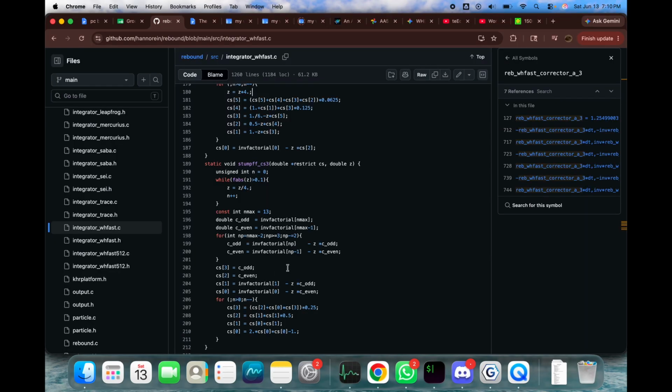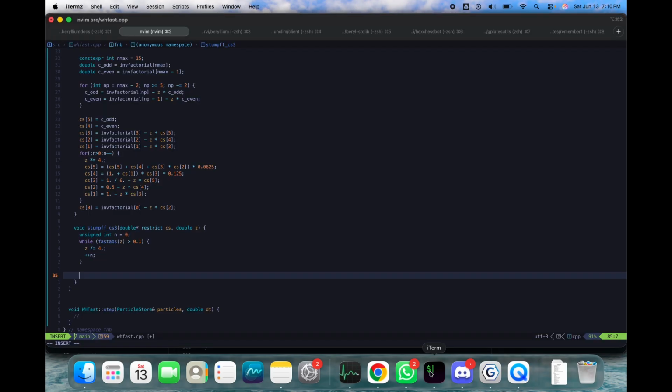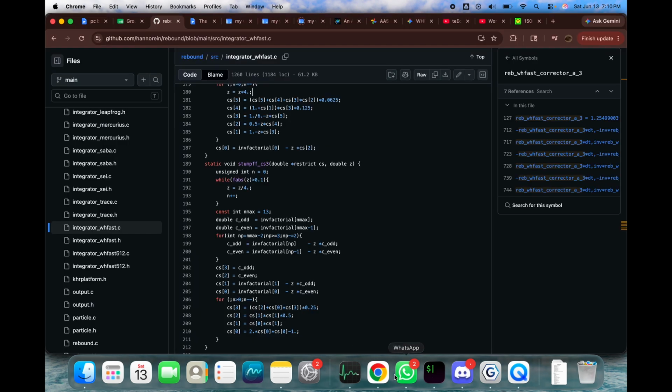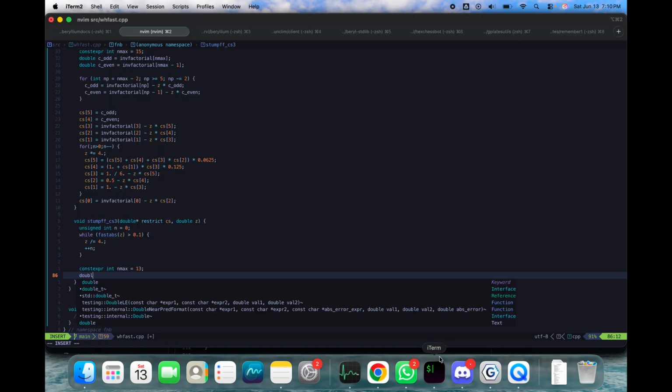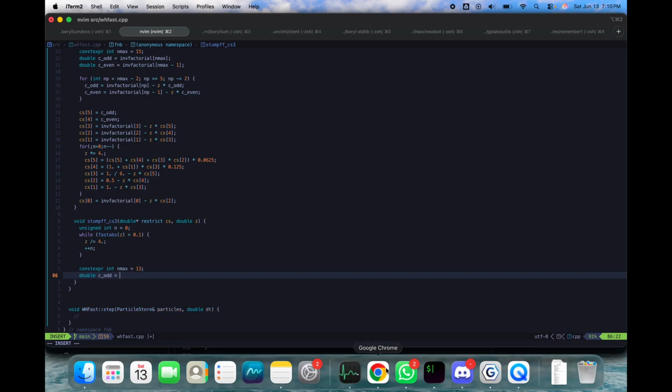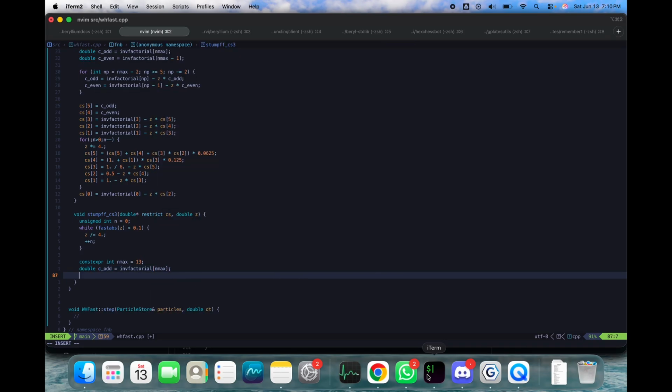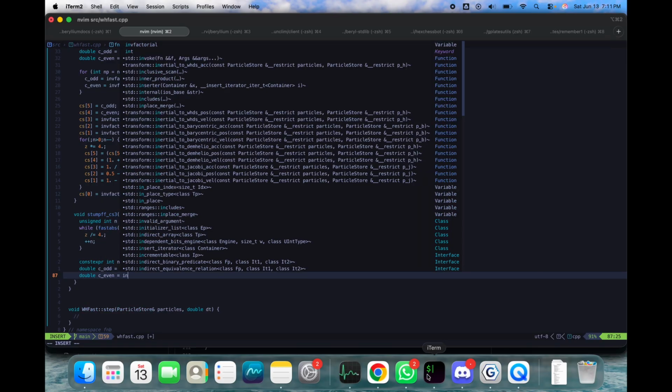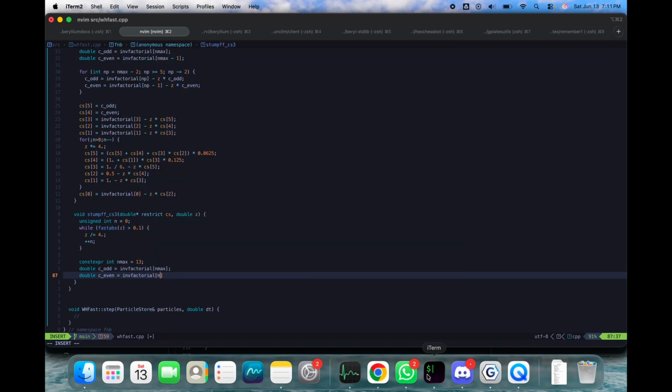And constant n max equals 13. So double C odd equals index n max. And that looks very similar to the code above, but ever so slightly different.